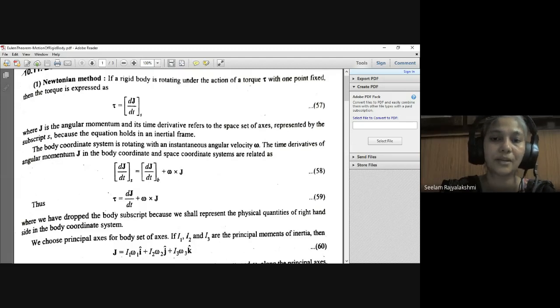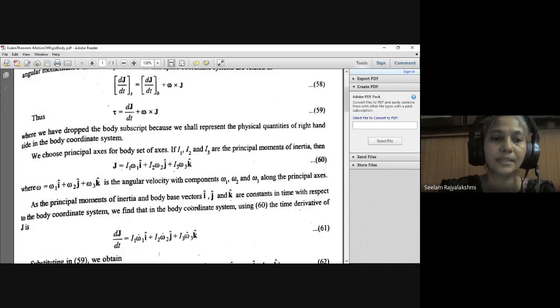We already know J equals I omega. So J equals I1 omega 1 i cap plus I2 omega 2 j cap plus I3 omega 3 k cap, which is equation number 60.